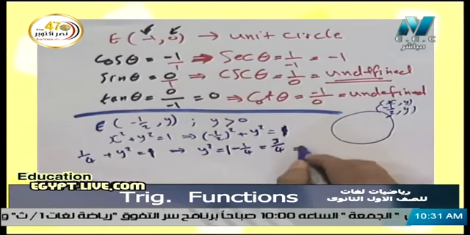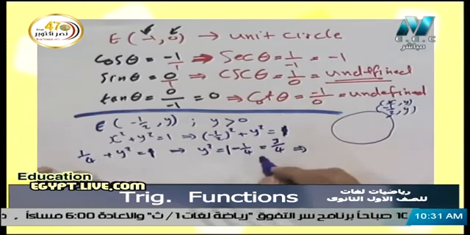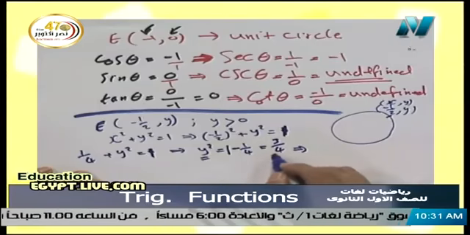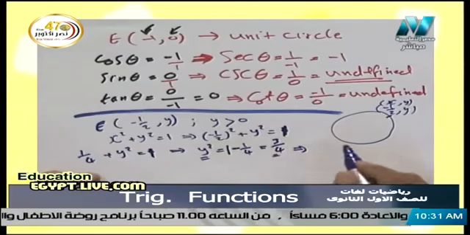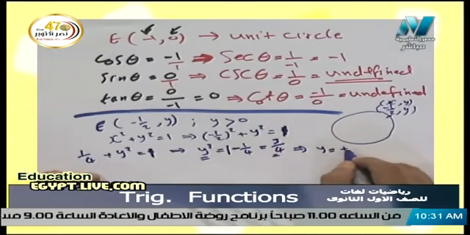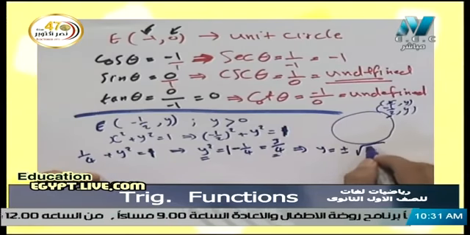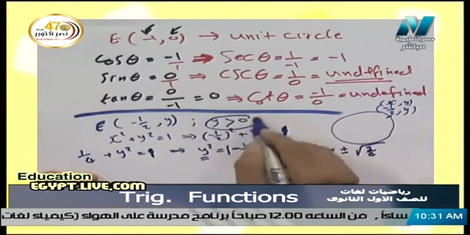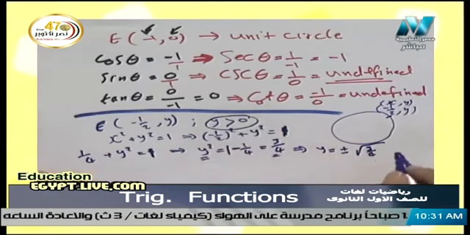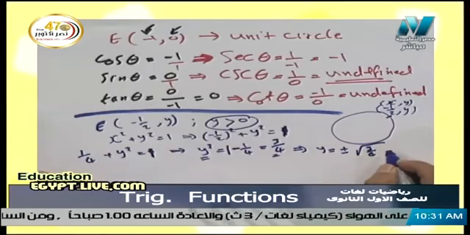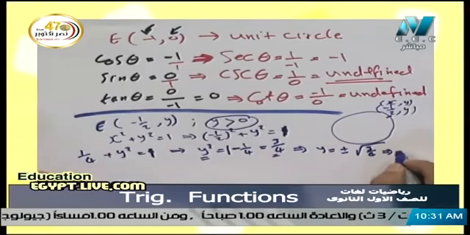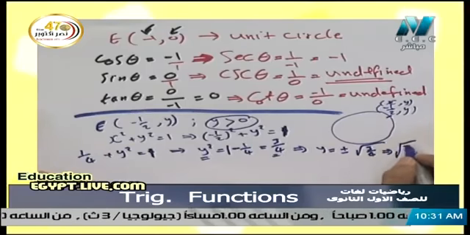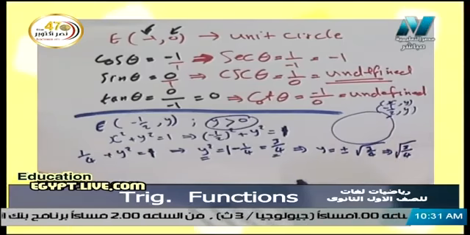And also if we take the square root of the two sides, so y equals positive or negative square root 3 over 4, and we have a condition that y is greater than 0, so y here will be positive.